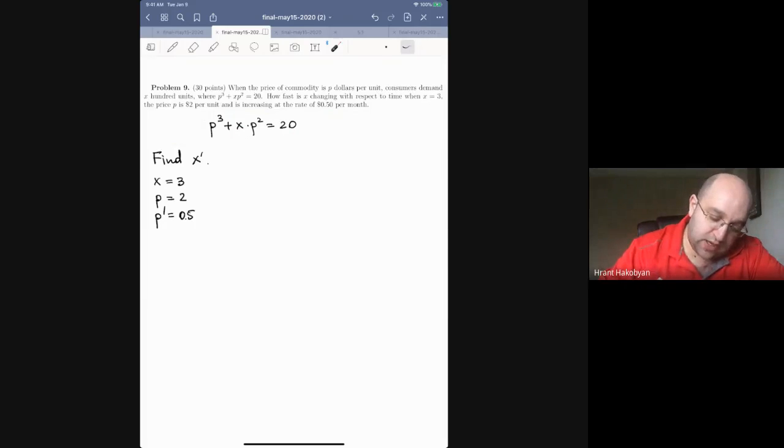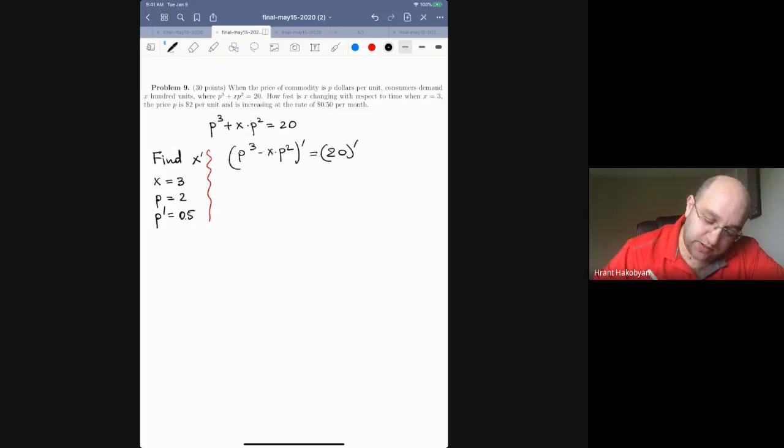So let's do that. If we differentiate this implicitly, we're going to take the derivative of the left-hand side, and that's going to be equal to the derivative of the right-hand side. Of course, the right-hand side is a constant, so the derivative is 0.